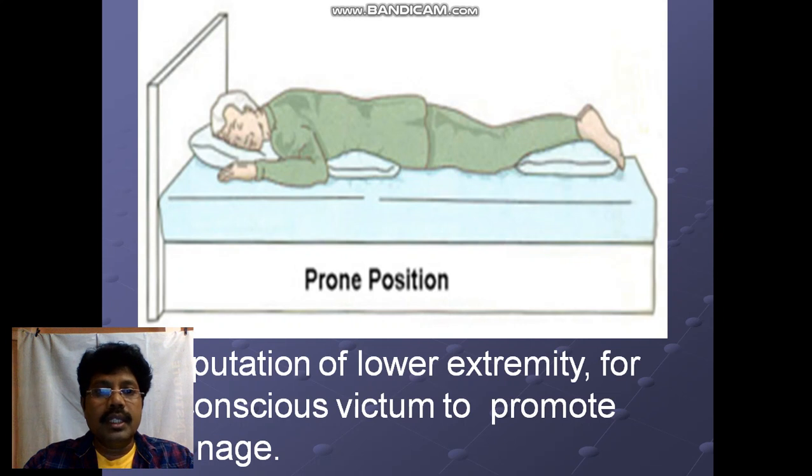The very important thing is that you should keep a pillow under the head, a small pillow under the abdomen, and another pillow near the foot. These are the places that rest on the bed for a long time, so give adequate pillows in this prone position for better comfort.